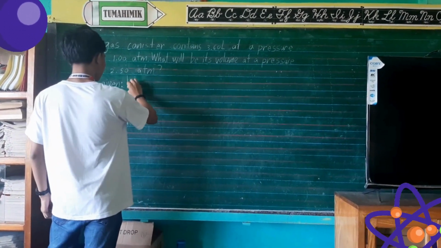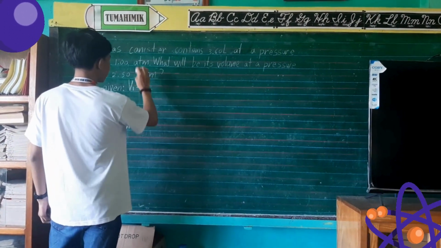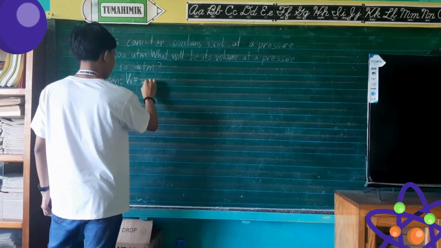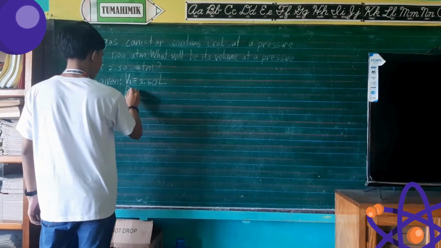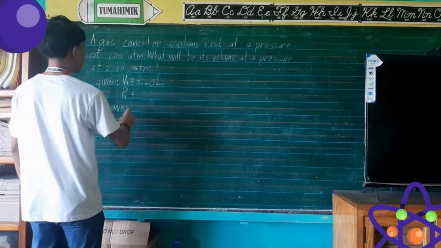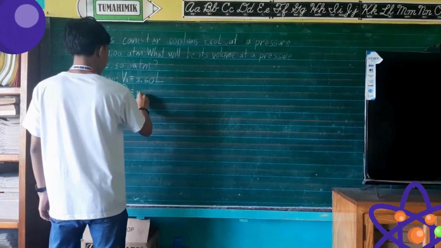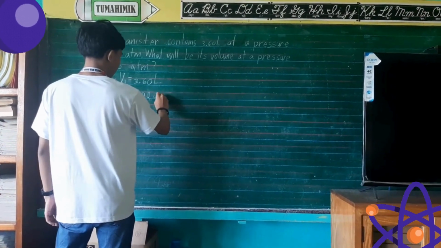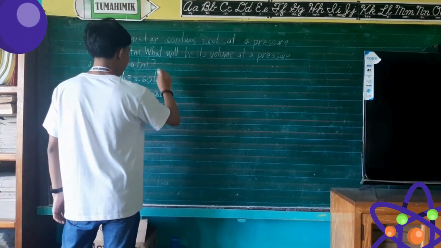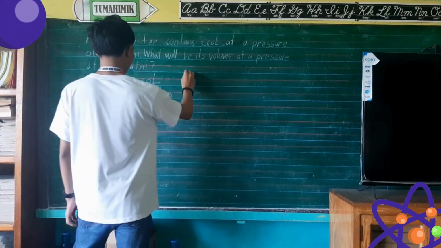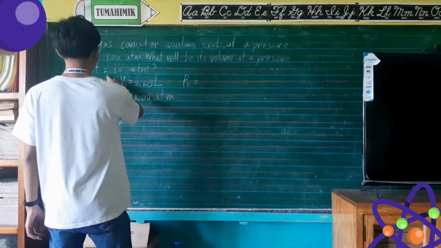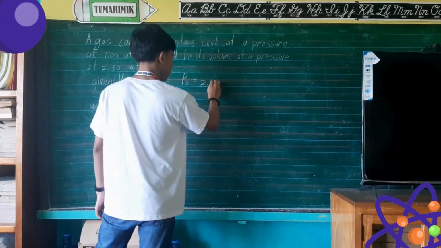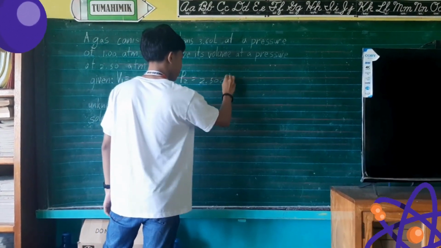For the initial volume, or V sub 1, we get 3.60 liters. For the initial pressure, or P sub 1, we get 1 atm. And for our final pressure, or P sub 2, we get 2.50 atm.